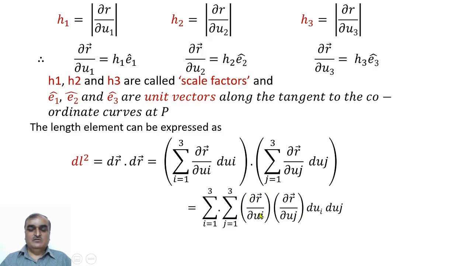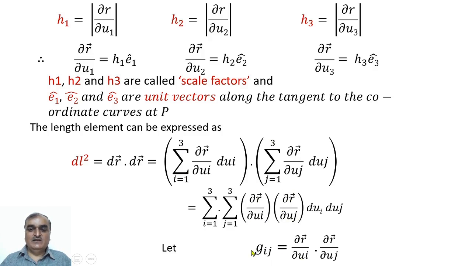Let us use another notation for this product term, gij. This gij is called the metric coefficient, which we will see in the next part. The metric coefficient gij is equal to ∂r bar by ∂ui into ∂r bar by ∂uj, with i varying from 1 to 3 and j varying from 1 to 3.